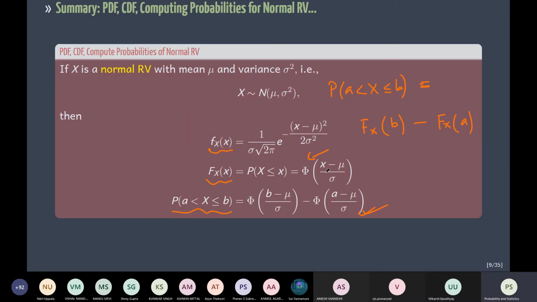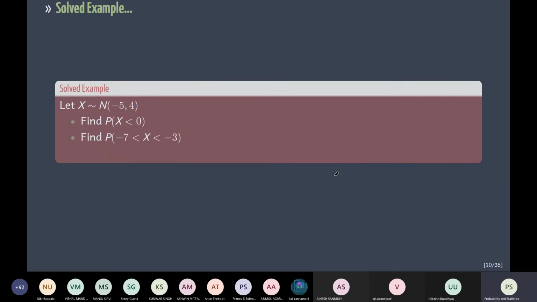This is the formula: F_X(x) is Phi of (x minus mu) over sigma. So x is 0 and mu is -5. Sigma squared is given, so you have to take the square root to get sigma.